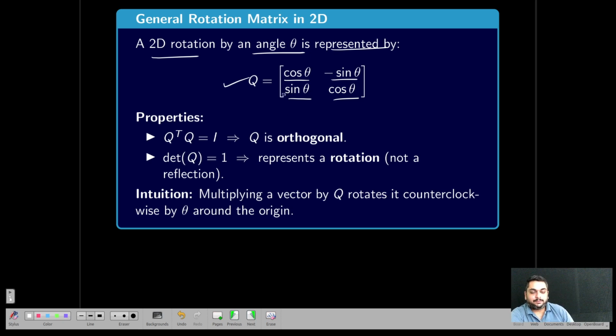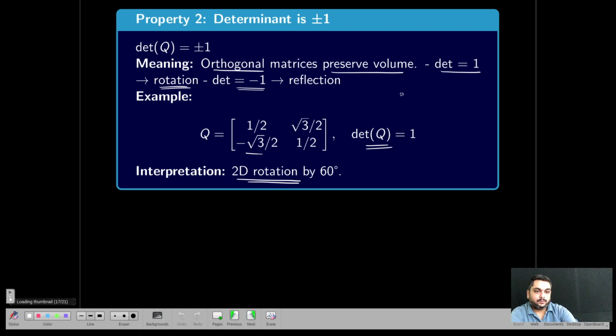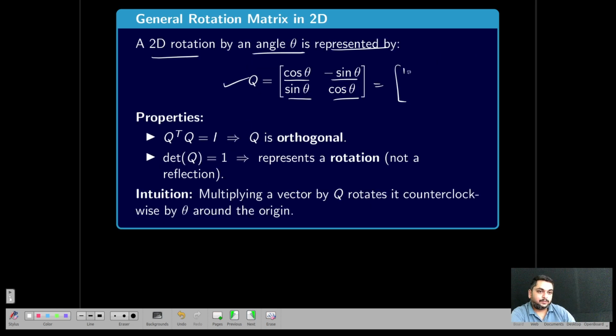So to take the previous example, what are they doing? That is 1 by 2, minus root 3 by 2, root 3 by 2, and 1 by 2.